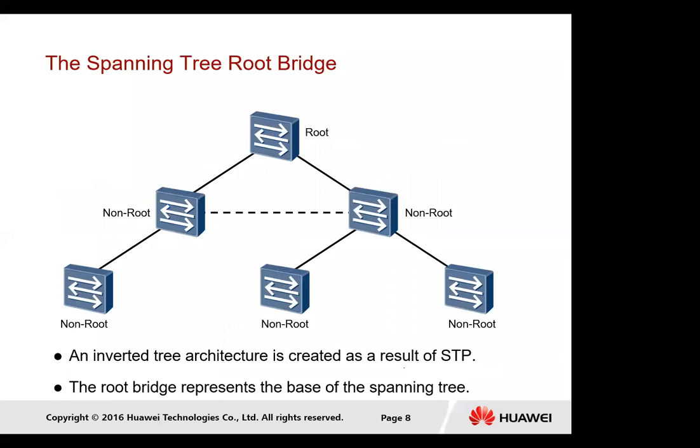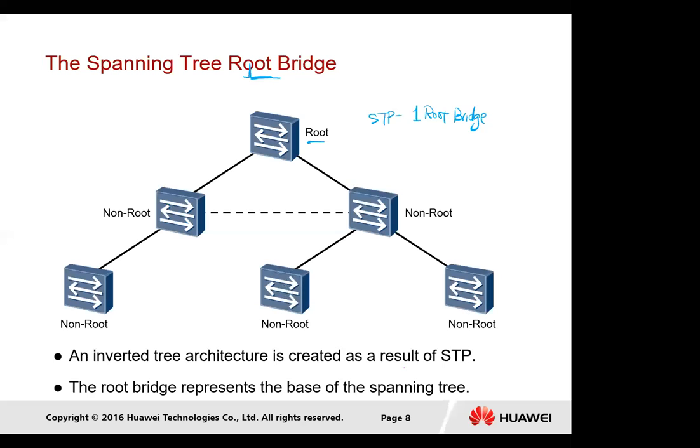So under the STP, first we need to elect the root bridge. Within a single spanning tree, we have a single root bridge. Every single spanning tree has one root bridge. So let's say you have 5 switches together and they want to form a single spanning tree, you can have only one root bridge.